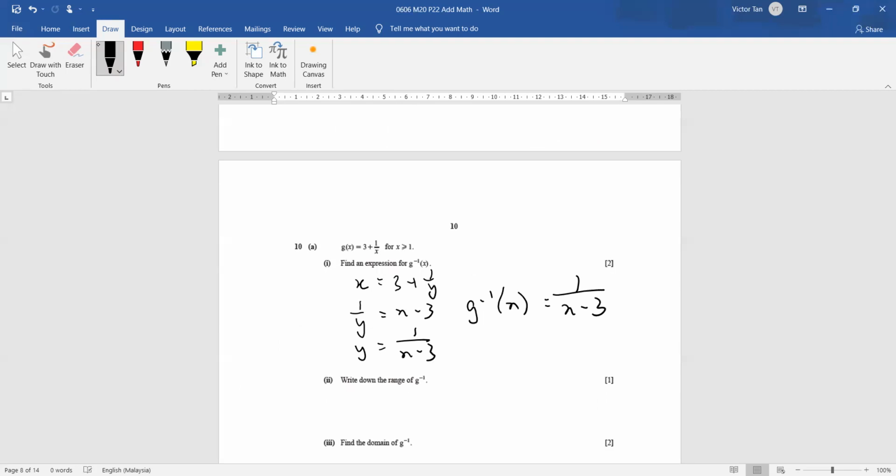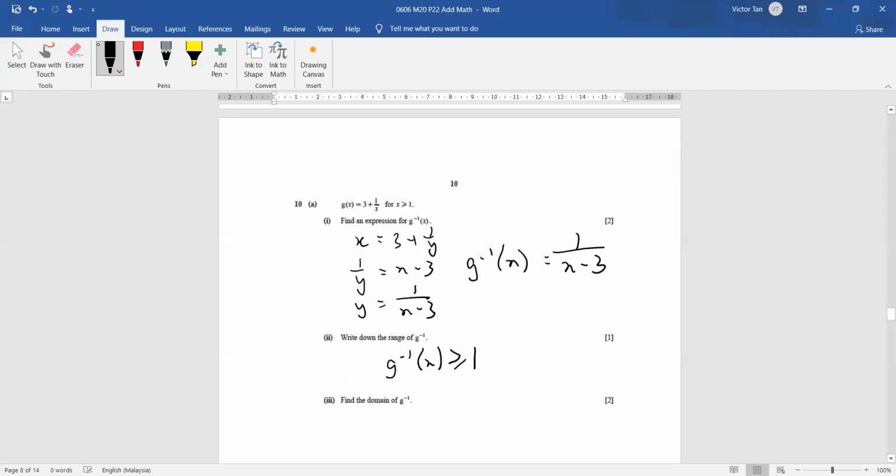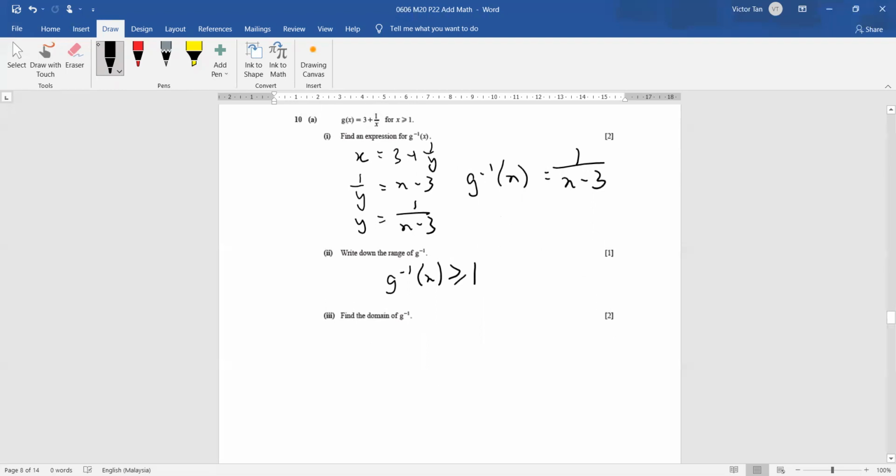Write down the range of g. So the domain of the inverse function is the range of g. Find the domain of the inverse function. So this is a graph where this is the asymptote. No, that's not the asymptote. The asymptote is y equals 3.